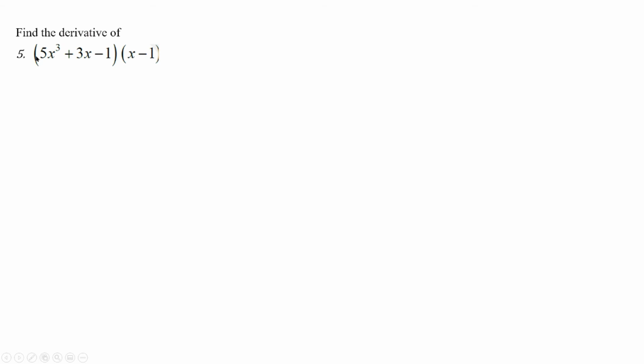Then we have next one, derivative of (5x cube plus 3x minus 1) into (x minus 1).